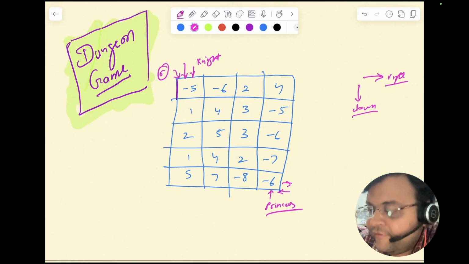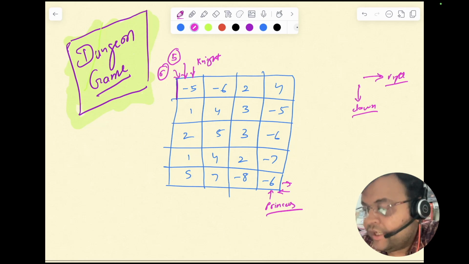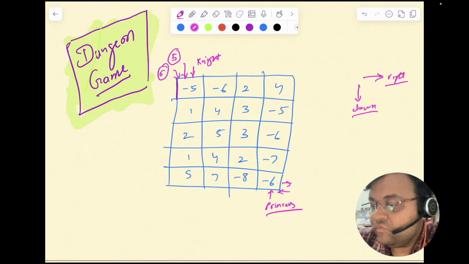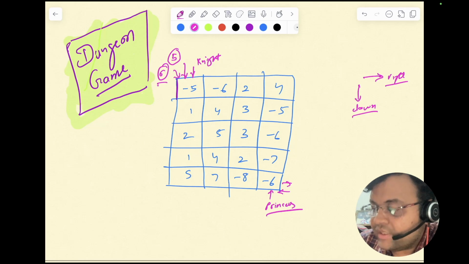If he had 5 units of health when he enters this room, he would die, since he loses these 5 points, his health points will be 0, and at 0 he'll die. So we should keep him alive. We need to give him +1 health, so 5 is required and +1, 6 is required so that he won't die.